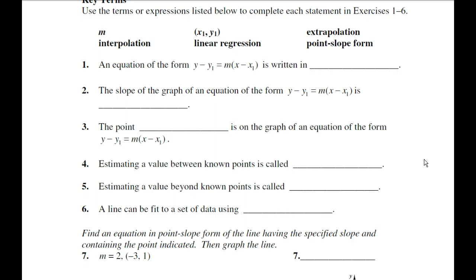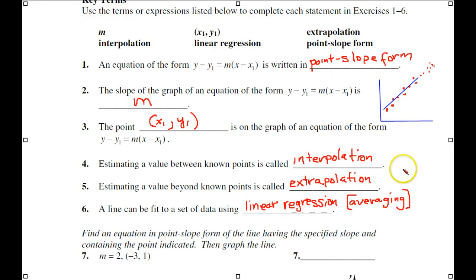You can pause the tape. So again, this equation, we're calling this equation 4. That's the point-slope form. Now within this equation, the letter M right here refers to the slope.